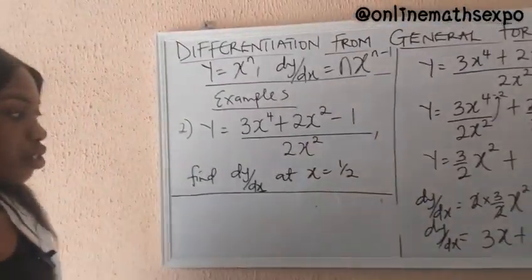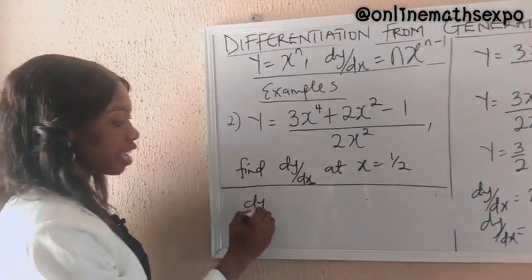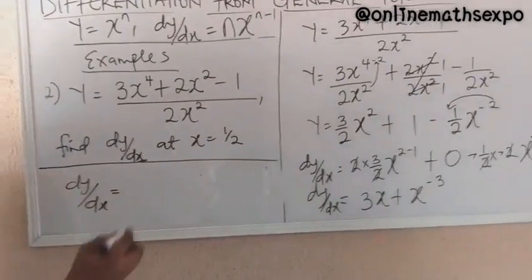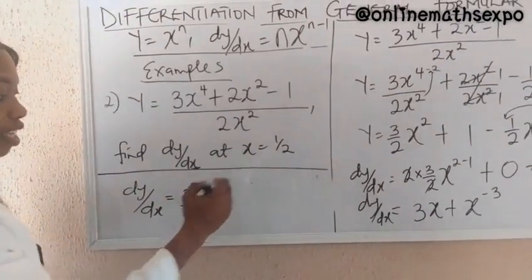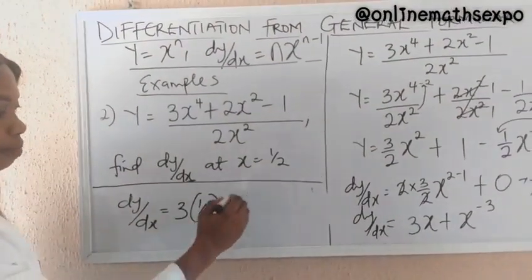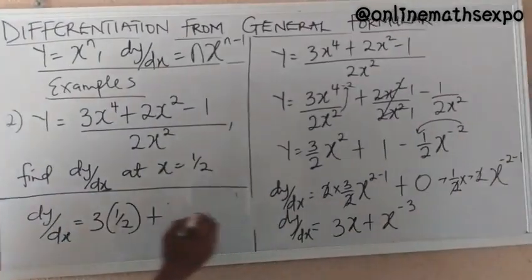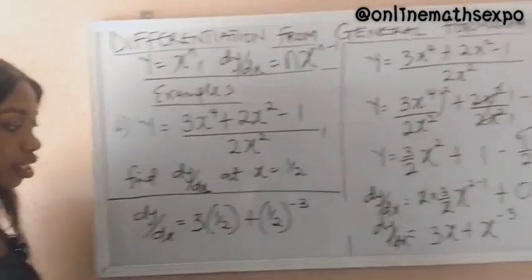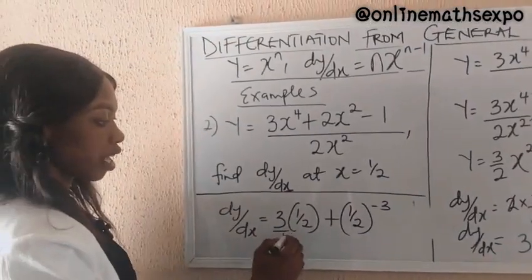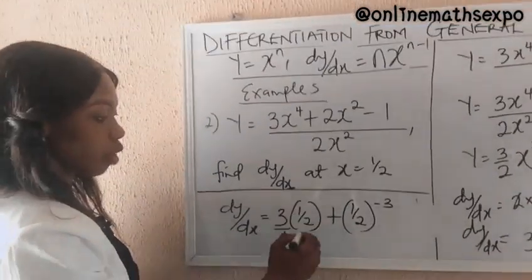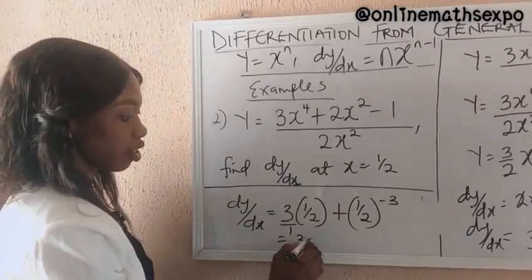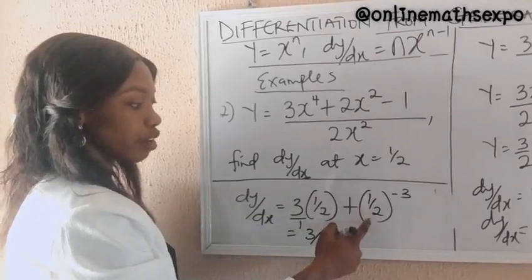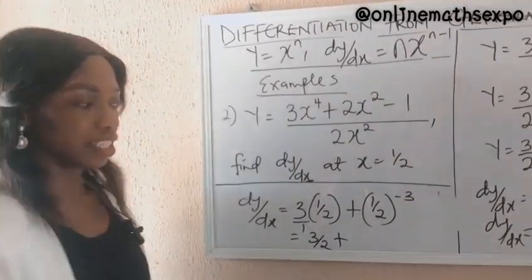So if we are substituting, we have dy dx is equal to 3 times our x, which is half, plus our x there will now be 1 over 2 raised to power minus 3. So this is 3 over 2 plus 1 over 2 raised to power minus 3.